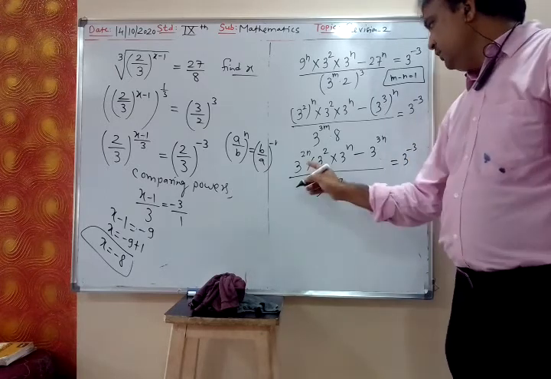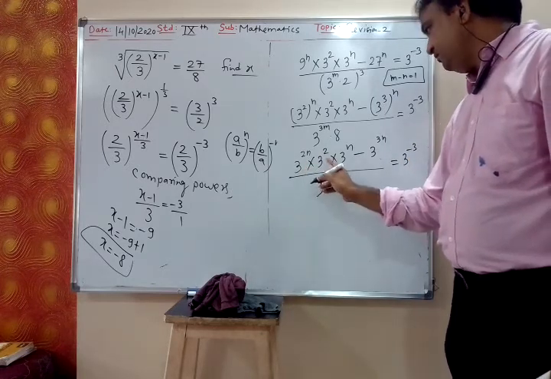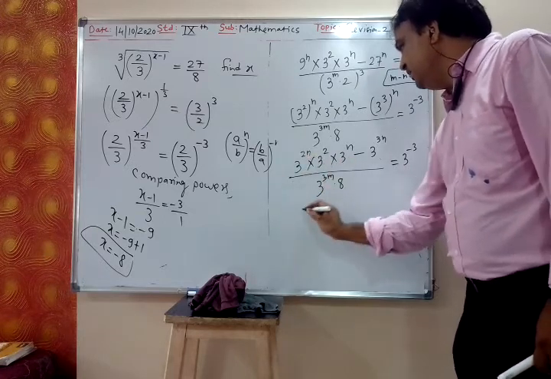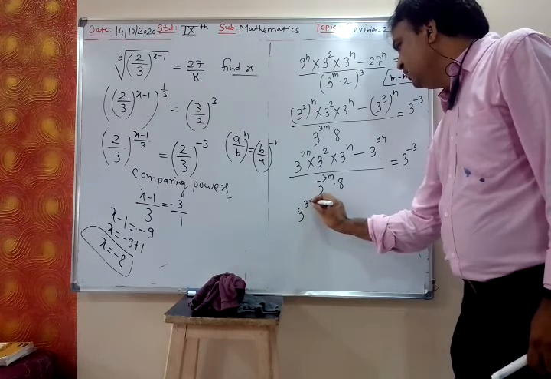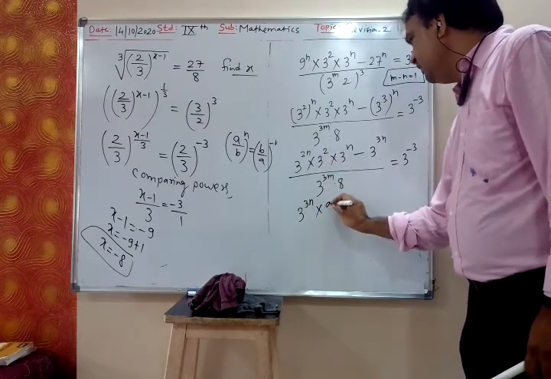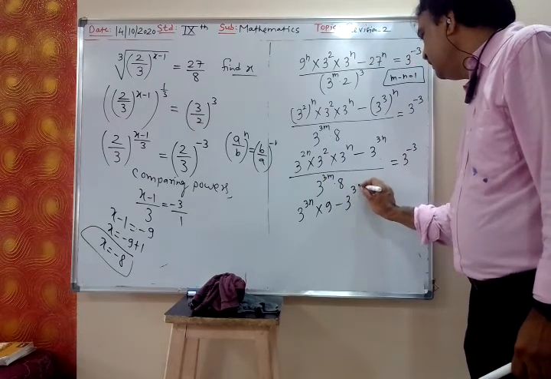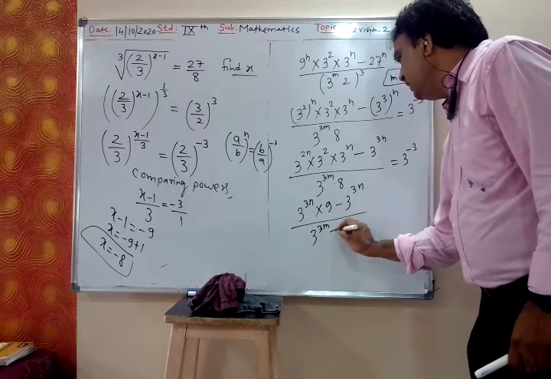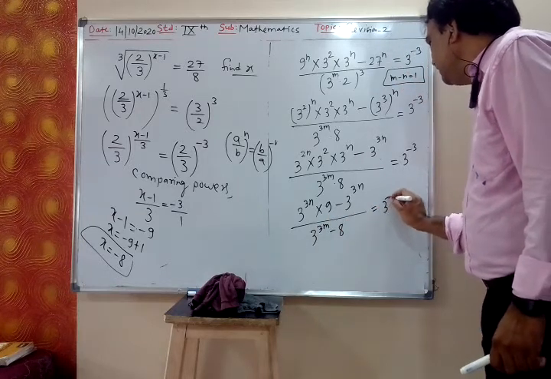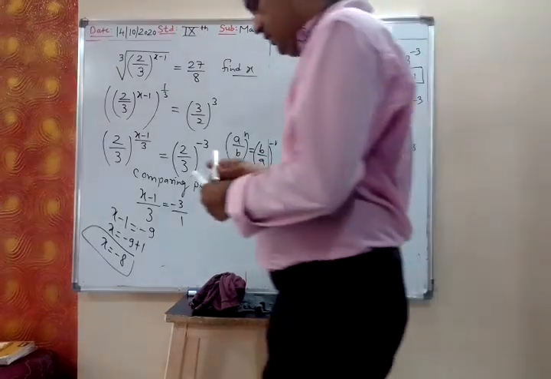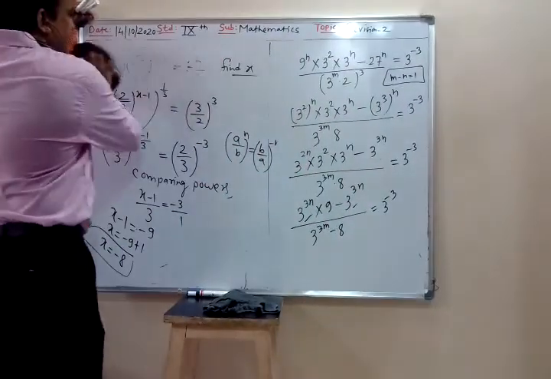So now 3 raised to 2n into 3 raised to n, what is that? 2n plus n, 3 raised to 3n, into 9, since 3 square is 9, minus 3 raised to 3n upon 3 raised to 3m into 8, is equal to 3 raised to -3. Now what is common in these two? 3 raised to 3n is common.